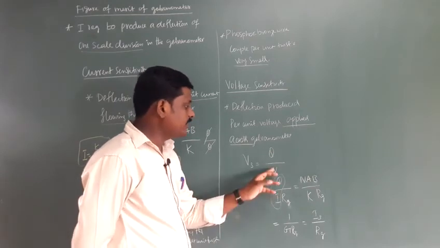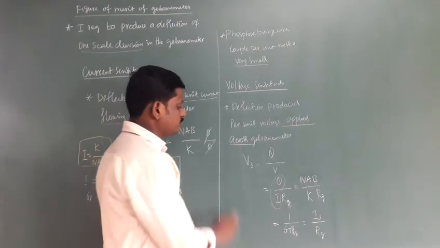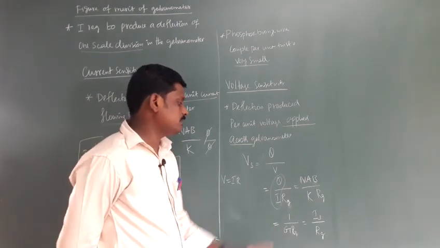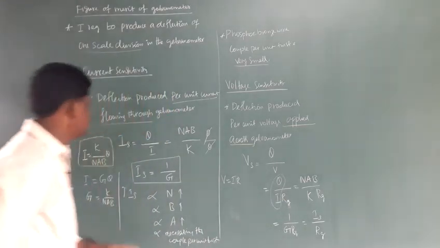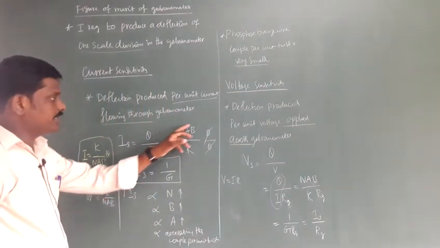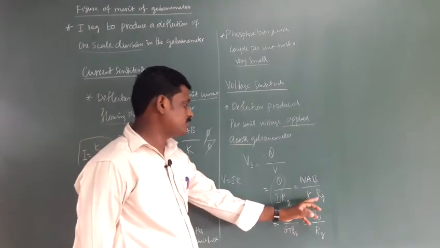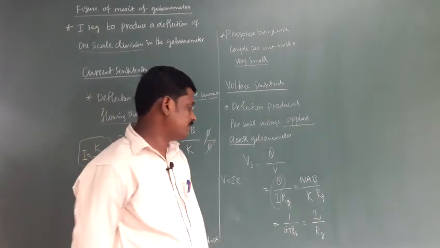Then V is equal to IR according to Ohm's law, so V is I into RG. Theta by I is NAB by K, so theta by V is NAB by K times 1 by RG, where RG is the galvanometer resistance.